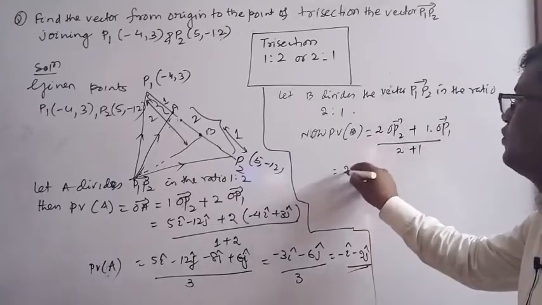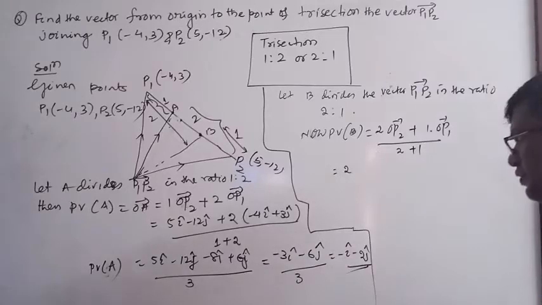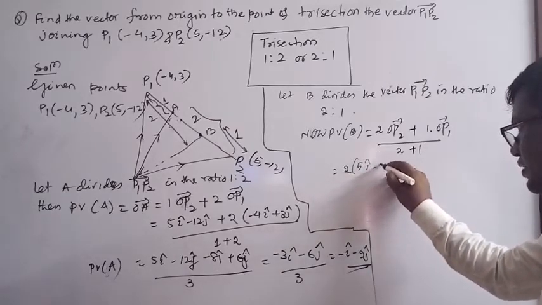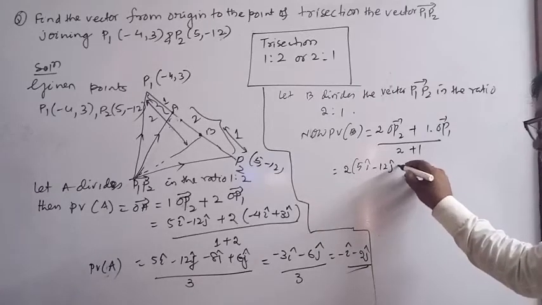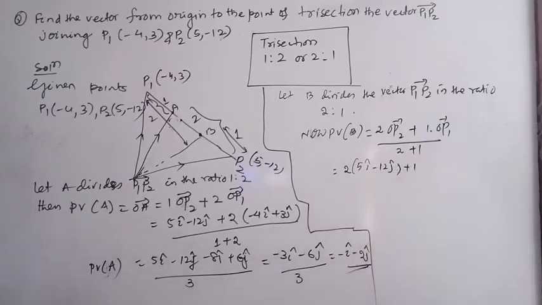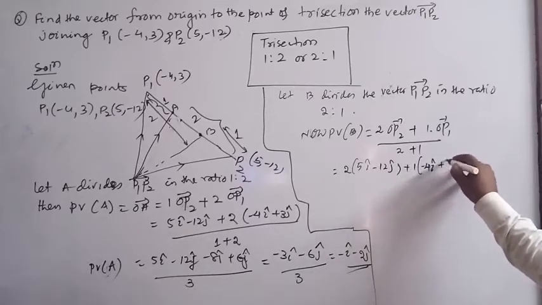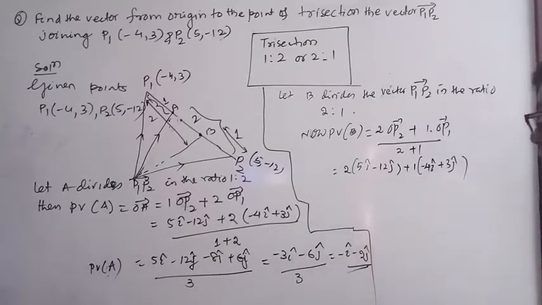So this is equal to 2 into (5i minus 12j) plus 1 into (4i plus 3j), by 3.